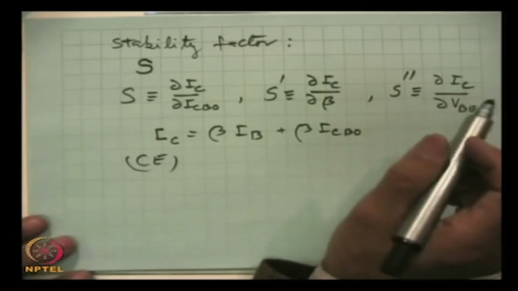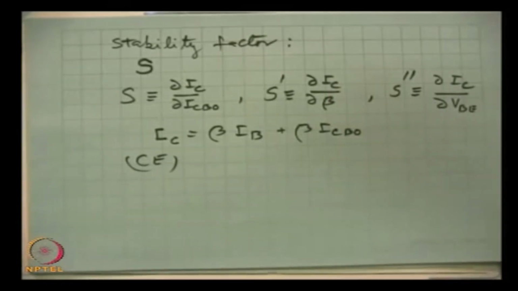Now, one very important thing: we have stated various reasons for the variation, but this is a very important statement, that if a circuit shows stability against one kind of variation, then it will take care of variations due to other causes as well.